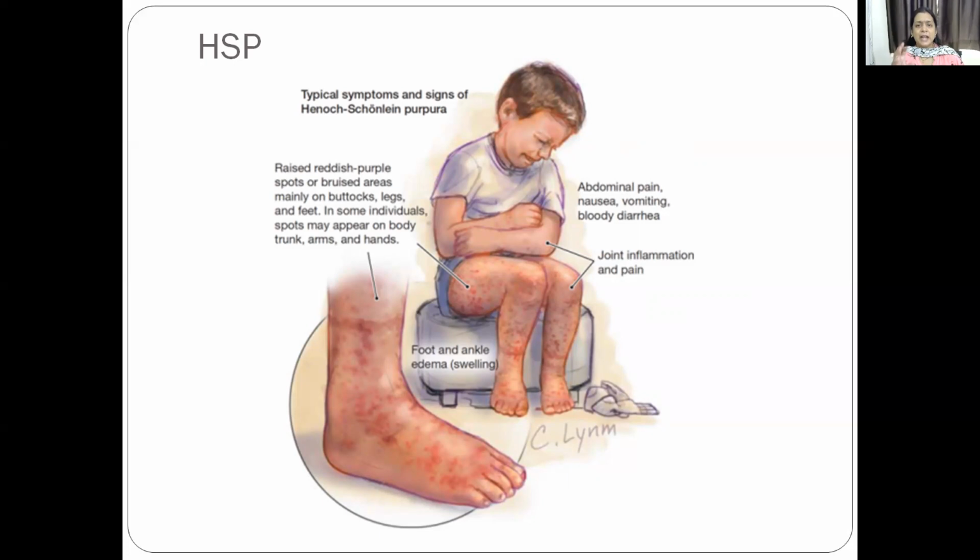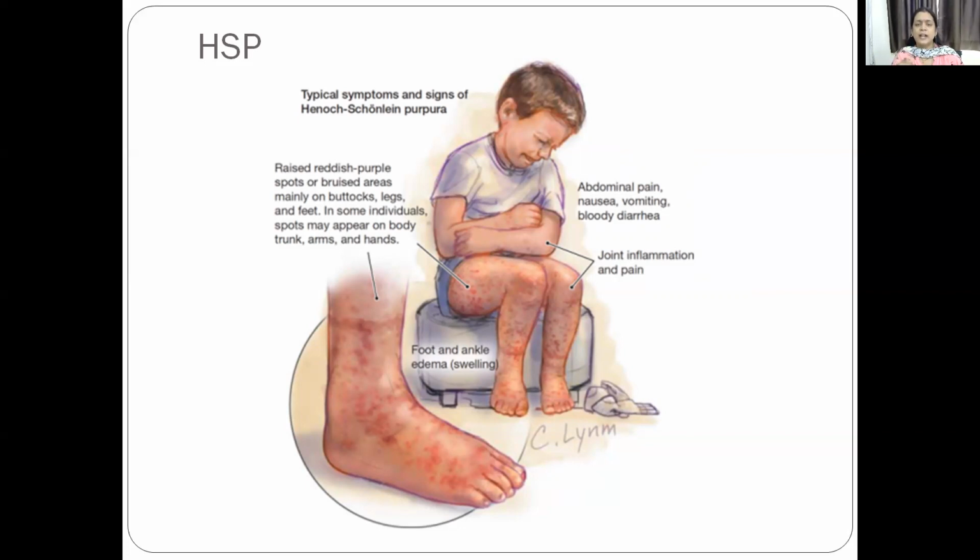So these are the characteristics of Henoch-Schönlein purpura. Usually 3 to 8-year-old children get affected, and the progression is slow, like that of immunoglobulin A, IgA nephropathy. HSP usually has an excellent prognosis.